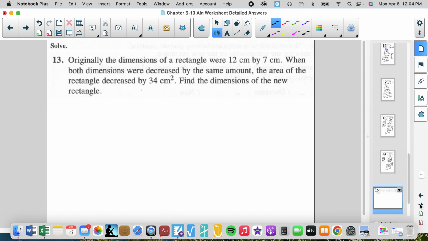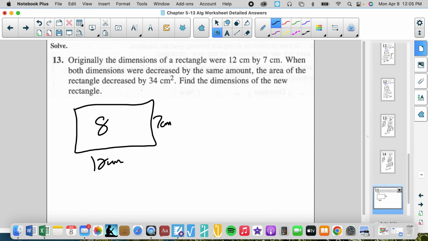Originally, the dimensions of a rectangle were 12 centimeters by 7 centimeters. When both dimensions were decreased by the same amount, the area of the rectangle decreased by 34. Well, the area was 84, so the new area is going to be 84 minus 34.